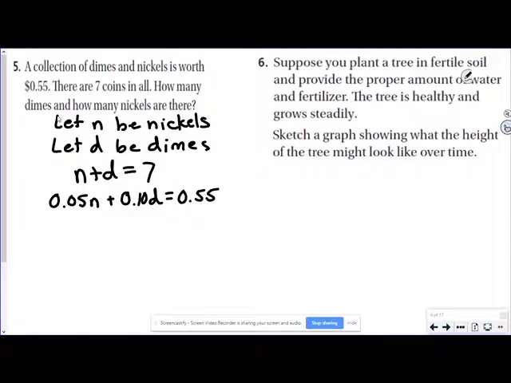Again, I'm going to solve this by substitution. I'm going to do n. So n is going to be equal to 7 minus d. So 0.05, substitute what you have in for n, which is 7 minus d, plus 0.10d equals 0.55.